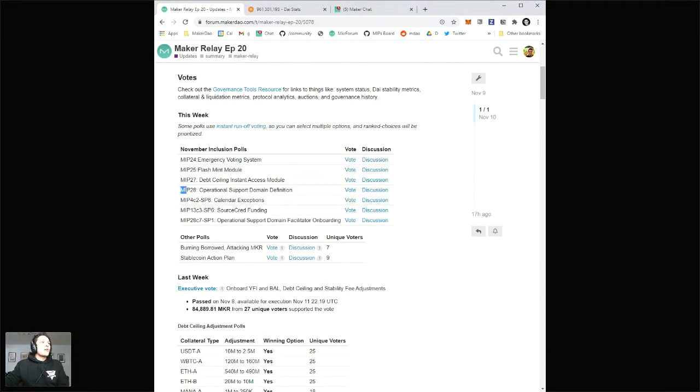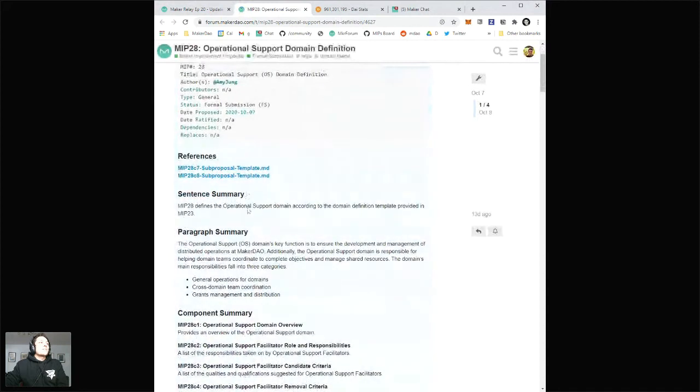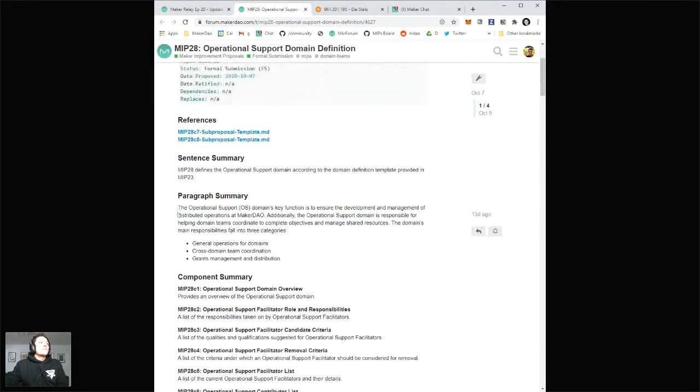There's also a new domain team being proposed. It's called the Operational Support domain, and its job is to do a few things. I'm not going to butcher it, so I'll read the paragraph summary. The key function is to ensure the development and management of distributed operations at MakerDAO.